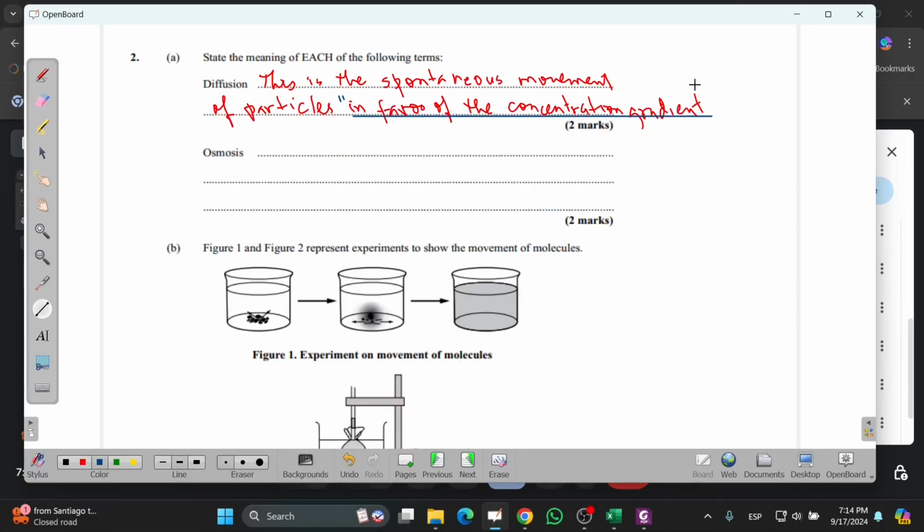That means, thus, from a region of higher concentration to a lower concentration region.